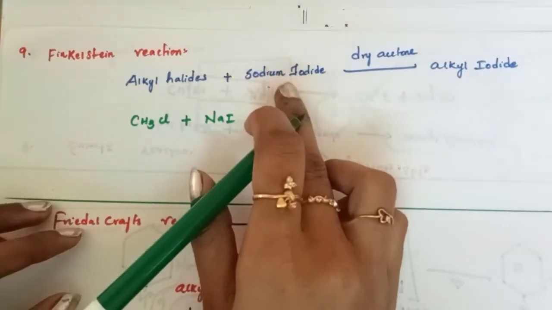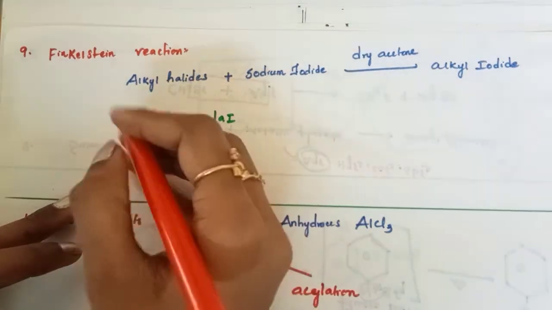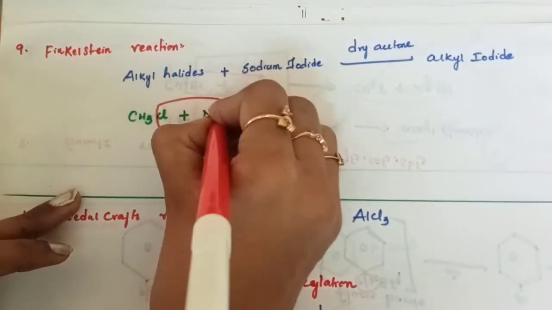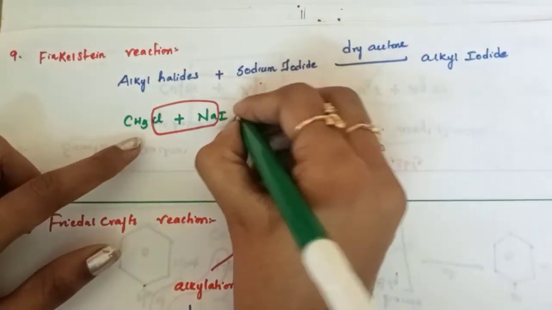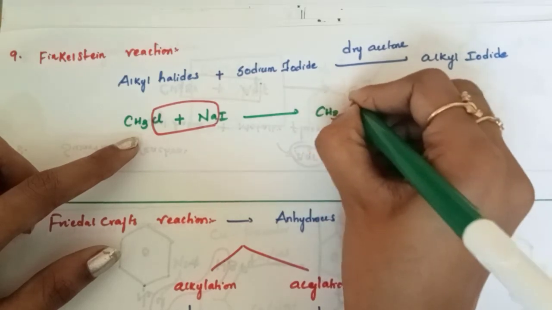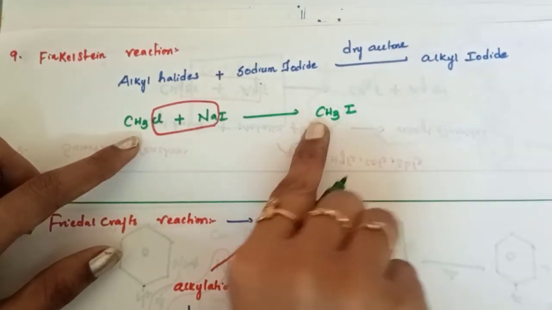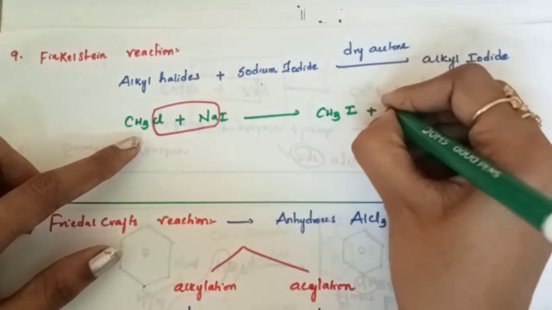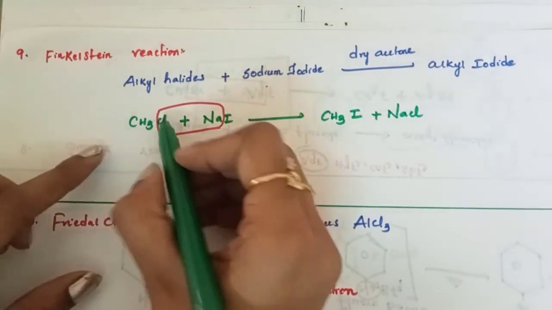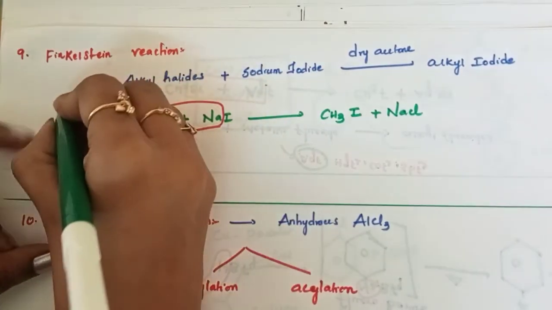Finkelstein reaction, sodium iodide. Here halide exchange method takes place, ion exchange method. So here your product is alkyl iodide, you will get methyl iodide plus NaCl.